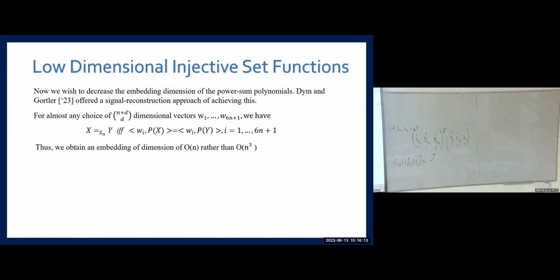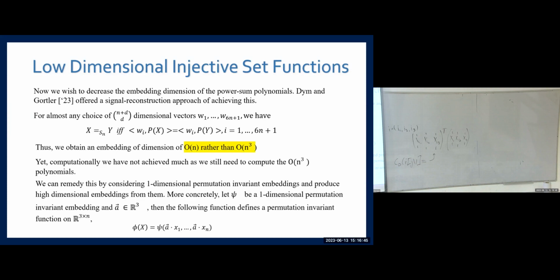Like in signal reconstruction, we can take this huge vector p(x). This vector is n plus 3 choose 3 in our case, a huge vector, and we just project it 6n times onto 6n unique vectors. And we know from signal reconstruction that these projections are going to be an embedding of this huge vector. So what's the problem with this approach?